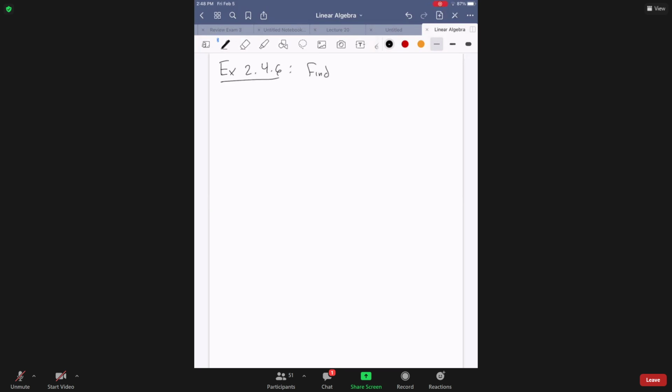Find the LU of, say, A equals [1, 4, -3; -2, 8, 5; 3, 4, 7], okay? So the solution is this. Make two columns: you're going to obtain U here, and you're going to build L here, okay?